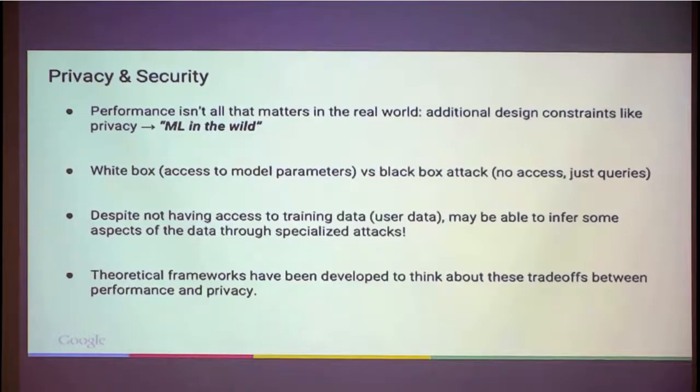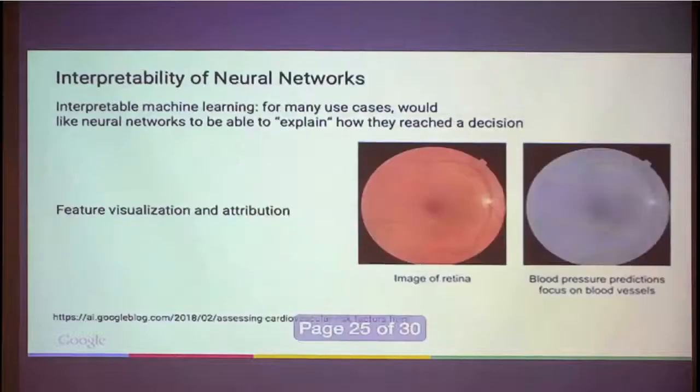There are even ways to invert: you can query a model without having access to its parameters, and then try to draw some conclusions about what was in the training set. Differential privacy is an entire area of theory that has grown around how to do this in a robust way.